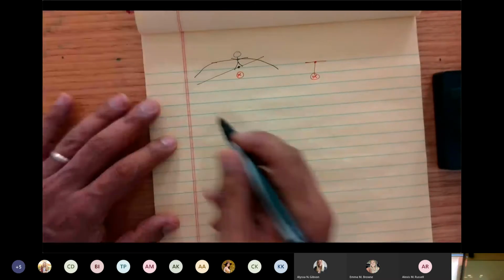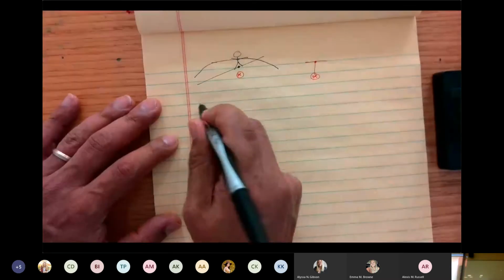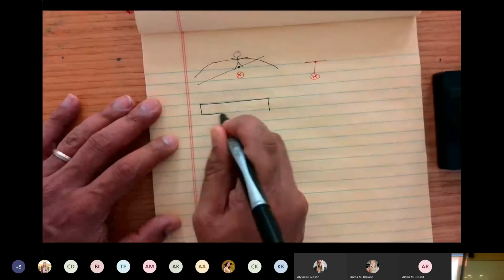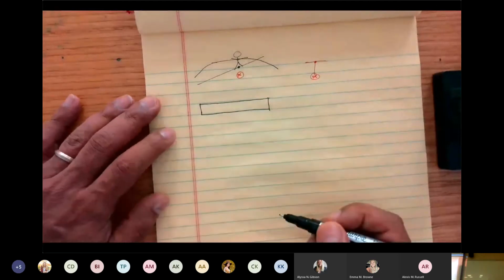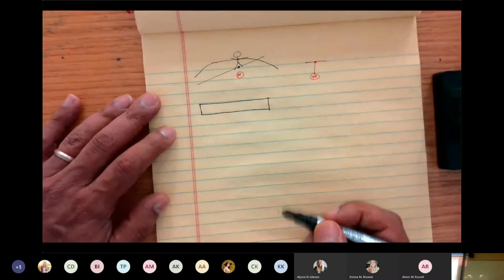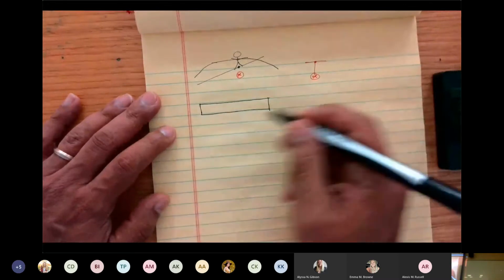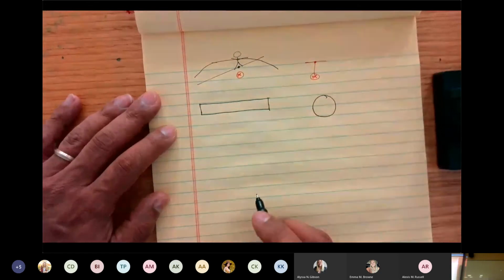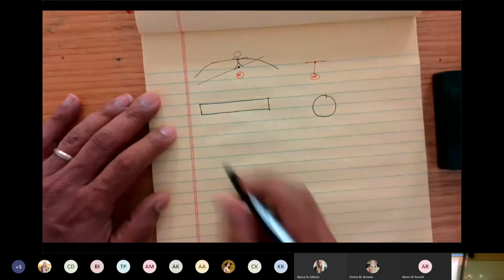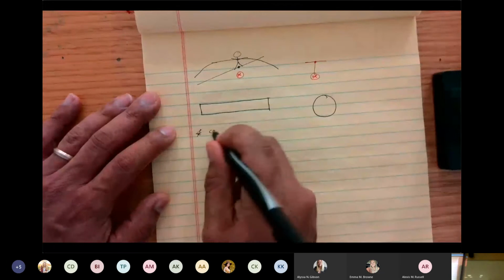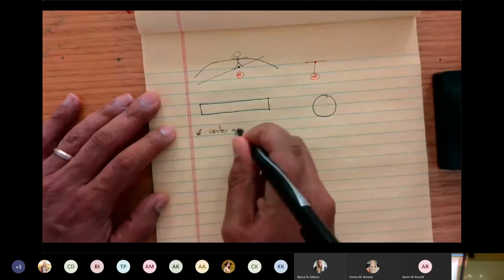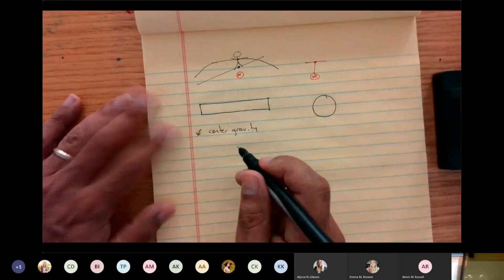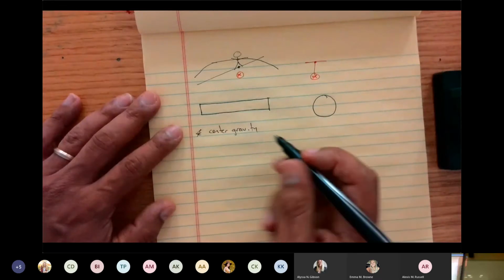Okay, so when we have simple geometric figures like rectangles, squares, spheres, circles, etc., the center of gravity is going to be exactly the same as the geometric center.